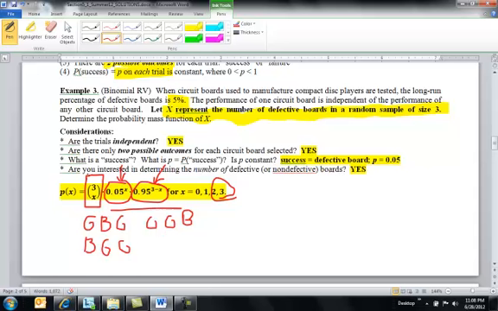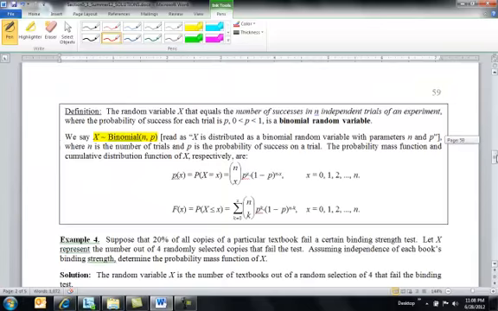This accounts for the number of ways we could rearrange and get 1 defective out of 3 or 2 defectives out of 3, which is why I need that binomial coefficient. Every binomial has this as its probability mass function. It's always going to take on this form. That's what I'm showing you on the next page.